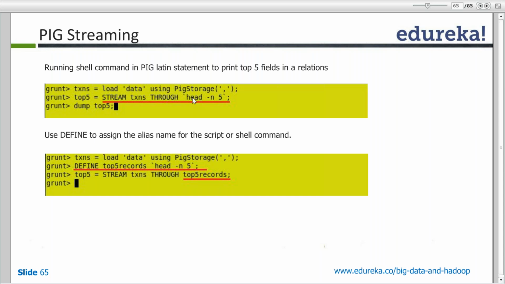But I'm calling that shell script from Pig using stream. So I'm streaming these transactions through, and I'm giving a shell script here. This is not a Pig statement, and I can print my top 5. It will actually trigger your shell script through Pig, run it distributedly, and print your output.